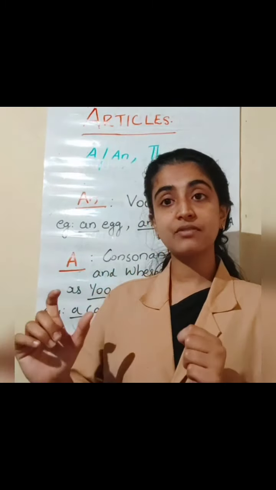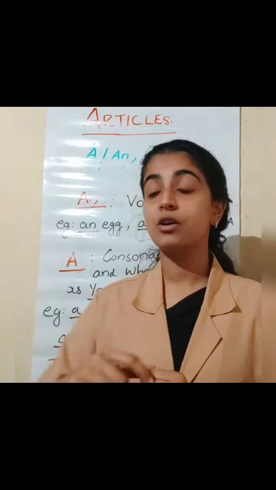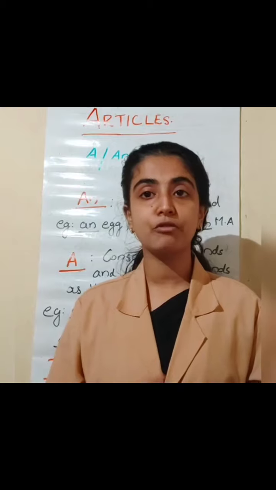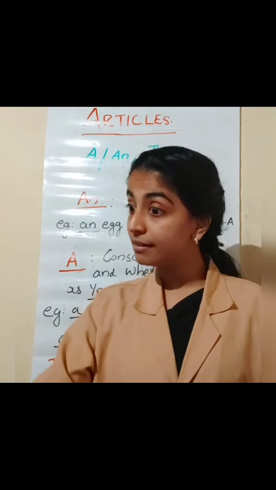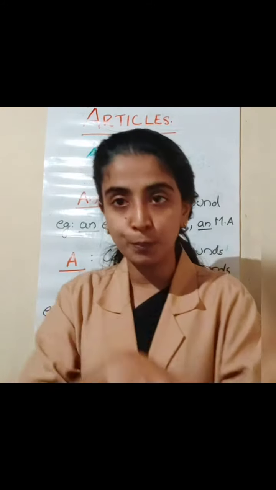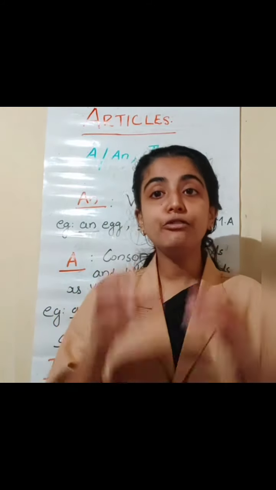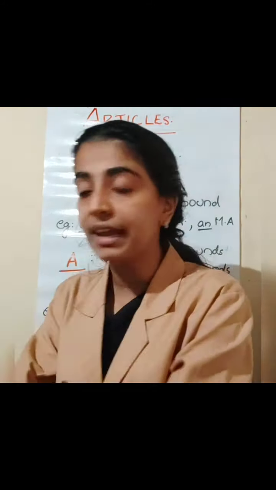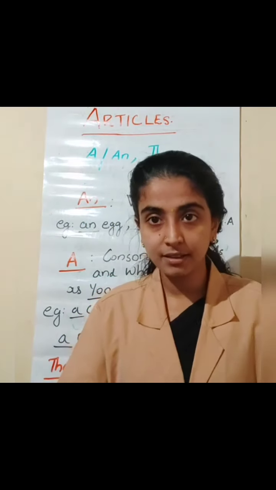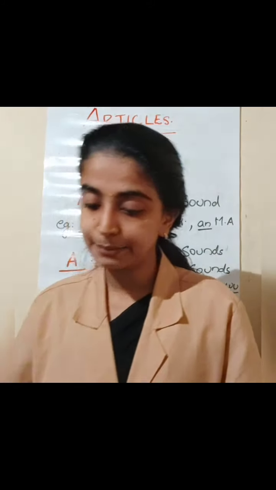If you want to specify only one rose or one jasmine or one sunflower from that, how will you say? You'll say the rose. The rose is beautiful. Okay, so from a whole group or from a whole class, if you want to specify only one thing or a singular noun, we'll be using the with it.